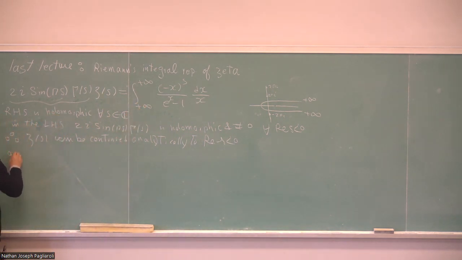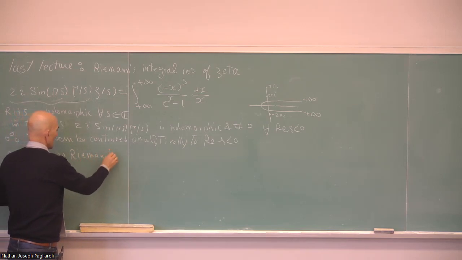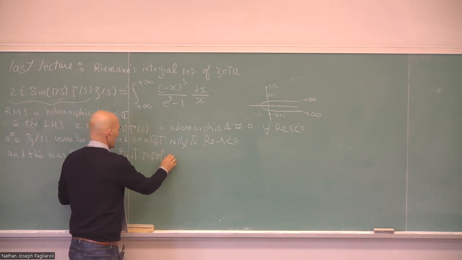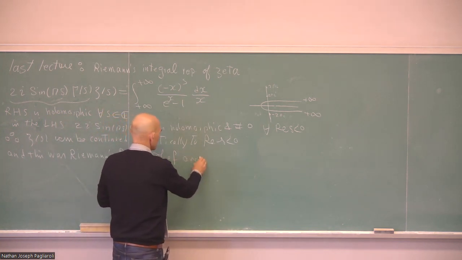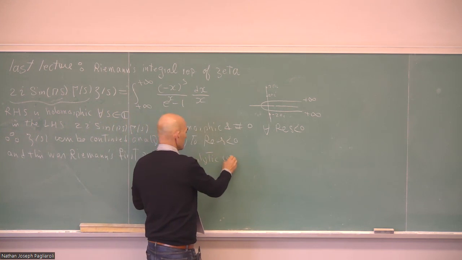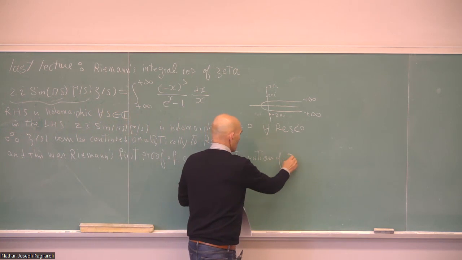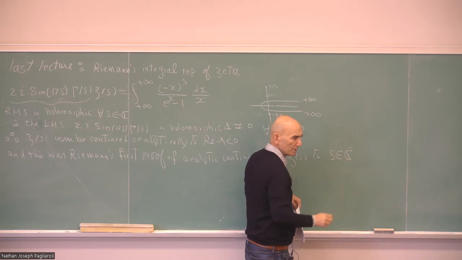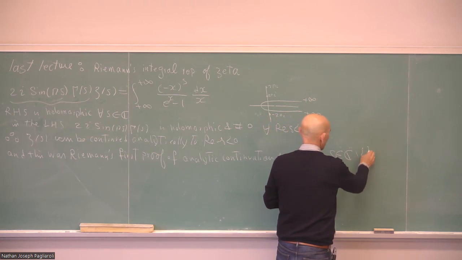This was Riemann's first proof of analytic continuation of zeta(s) to all points in the complex numbers except 1. Except 1.